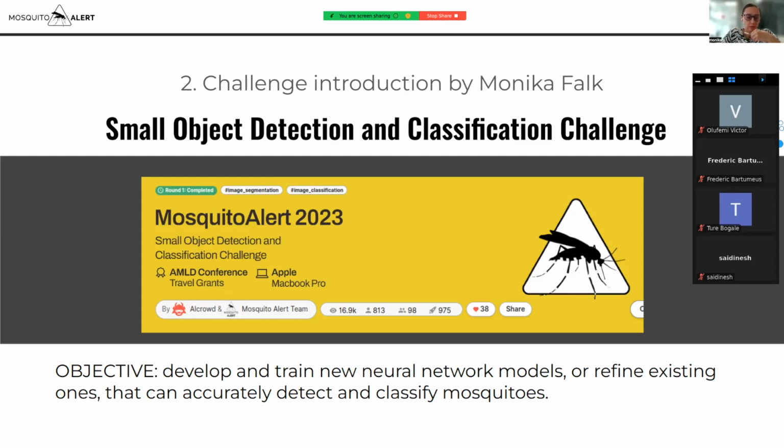But later you try to work on real problems and your model doesn't work well because the data is not what you expect it to be. And that data set from Mosquito Alert, I think, is a great tool for people to work on a real problem with a real data, with complex issues. And that is basically why we decided to make that challenge.